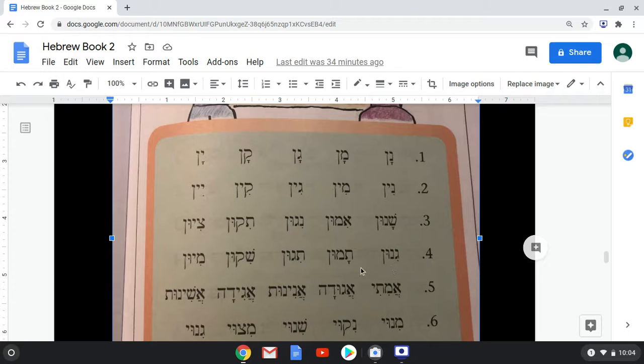Ginun. Tamun. Tigun. Shikun. Mi'un. Except for this last one, the rest of these are two-syllable words that have three letters. And that's just important for pronunciation.